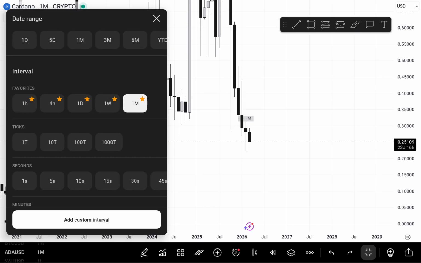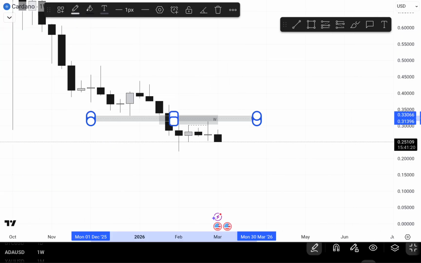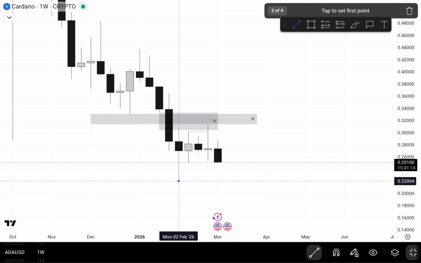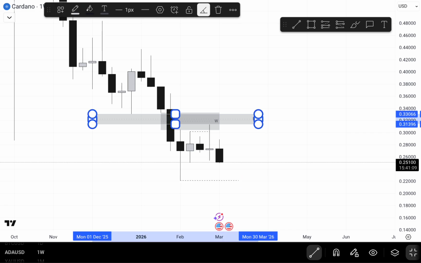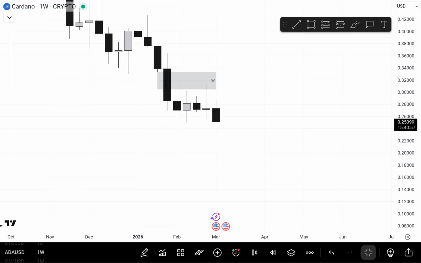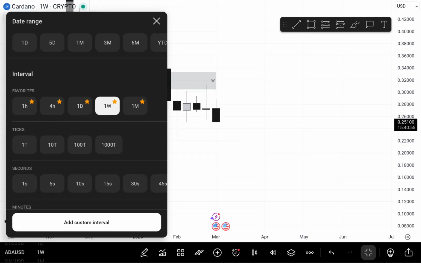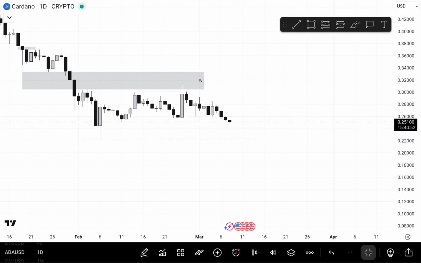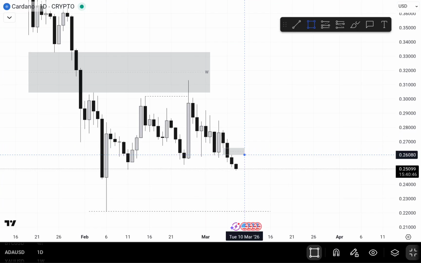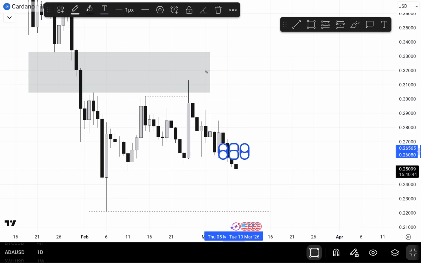So I saw something on the weekly. This is the weekly level that price is playing, and we are playing in this weekly area to area. So the bias is actually bearish, plain bearish order flow. Price started moving off of it, and you can see on the daily time frame this daily fair value gap that was created.